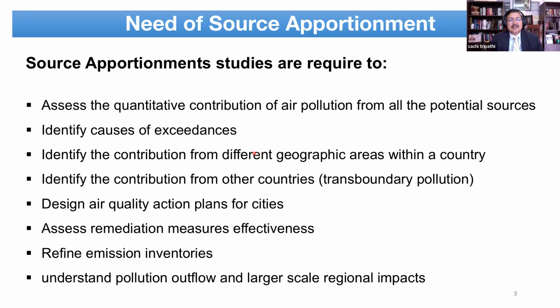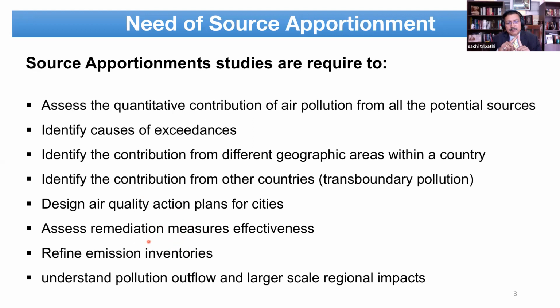And then certainly it also gives you an idea about remediation, the kind of measures you are taking to improve the situation, and how effective they are. It also helps to refine the emission inventory, because emission inventory is a forward approach where you quantify the strength of sources, and then using that you predict what concentration and composition you expect at receptor sites.